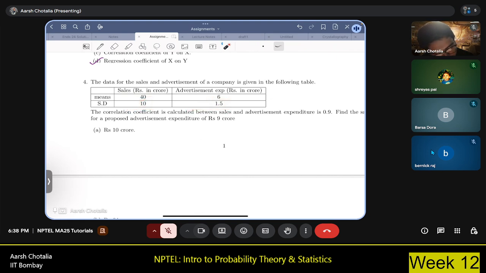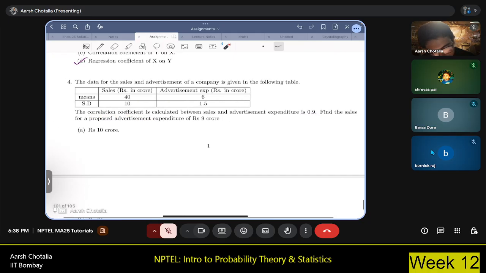The correlation coefficient is already given as 0.9. We have to find the sales for a proposed advertisement expenditure of rupees 9 crore. So what it is asking is that if x is equal to 9, what is y.